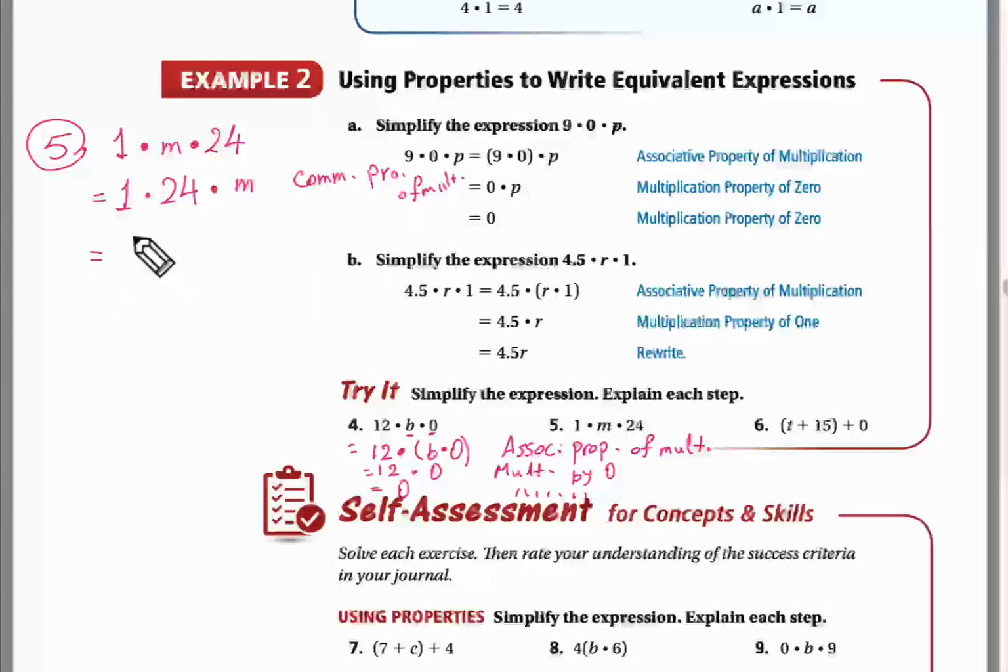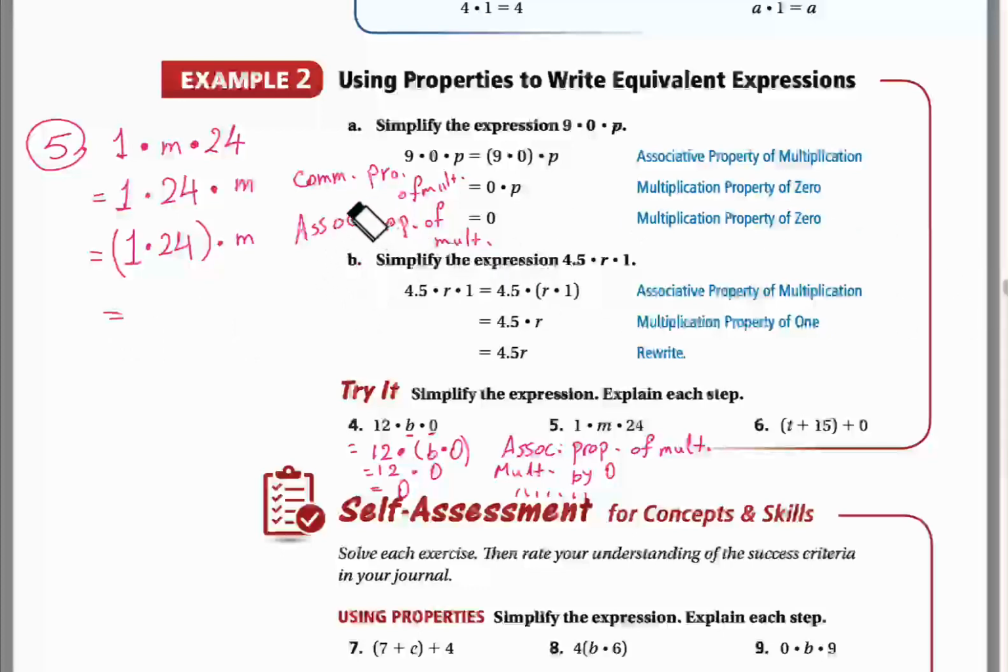Okay. Now 1 multiply 24, you need to multiply 1 by 24 first, right? What is this property? It's the associative property of multiplication. Okay, continue.